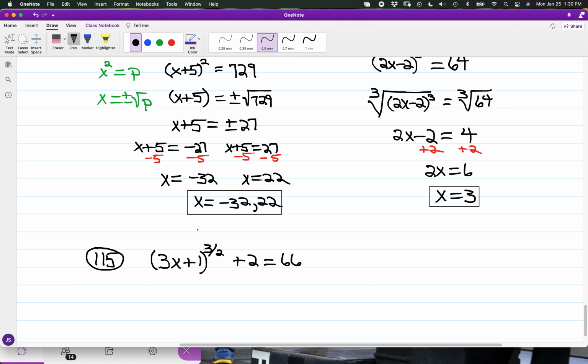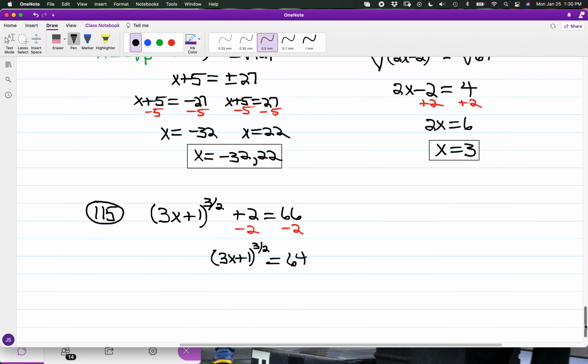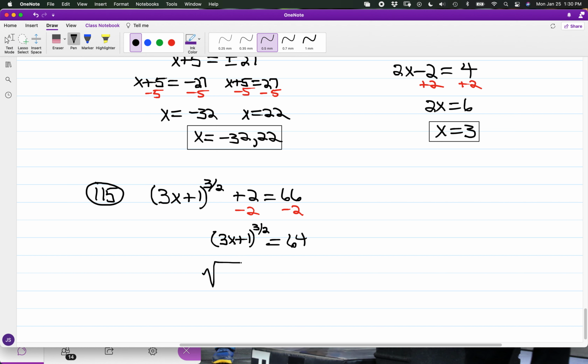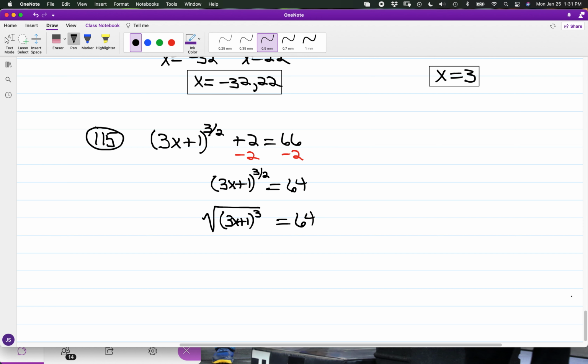So you have the quantity 3x plus 1 to the 3 halves plus 2 is equal to 66. If I take 2 away from both sides, I've got 3x plus 1 to the 3 halves, and 66 minus 2 is 64. Again, just rewriting as a radical, I have the square root of the cube of 3x plus 1 is equal to 64.